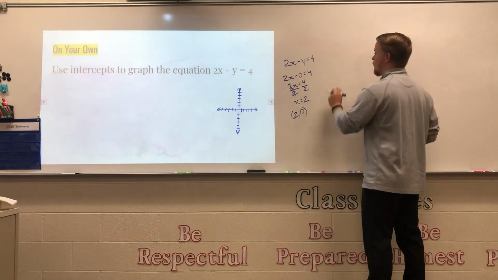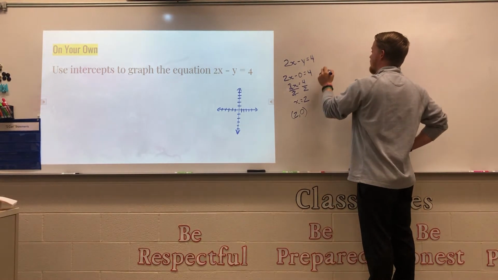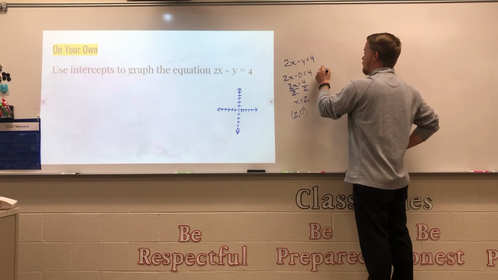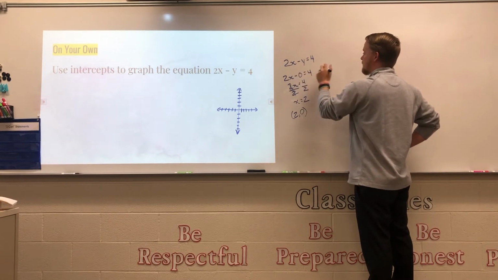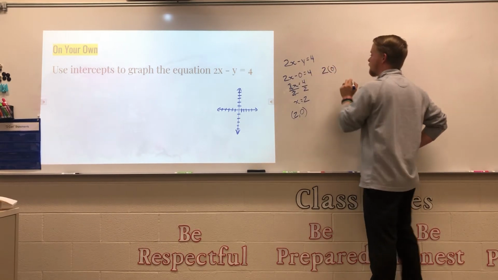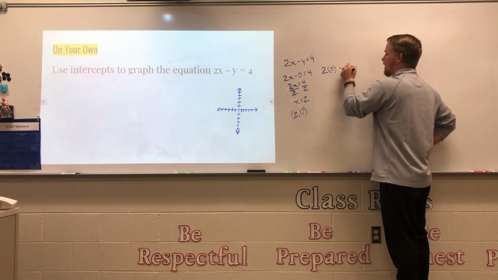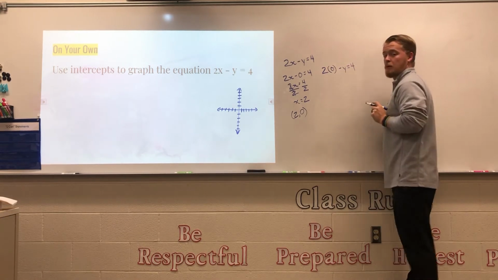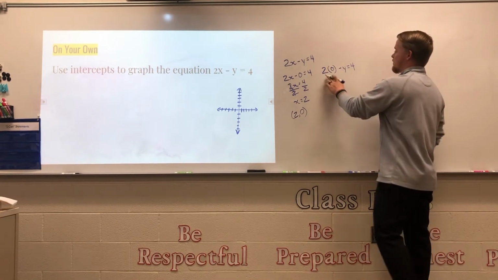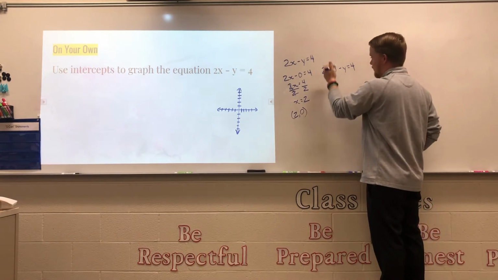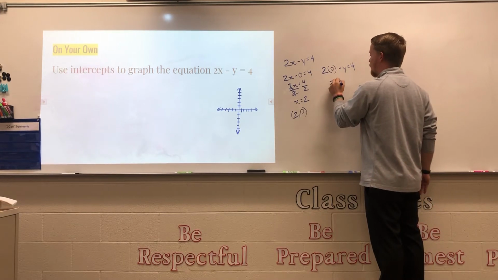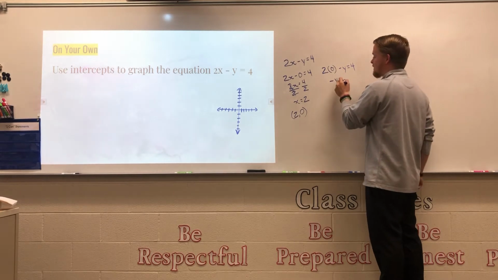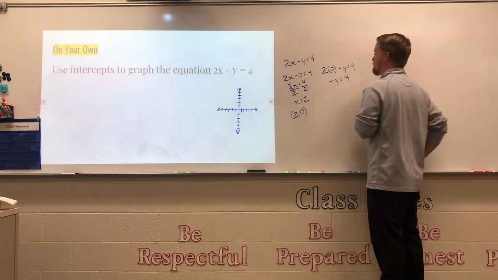Okay, so then I go and do my y-intercept. Again, for the y-intercept, I have to plug in 0 for x. So in place of x, I'll put a 0, and then pull everything down the same way. 2 times 0 is 0, so that goes away. So then we just have negative y. Make sure you bring that minus sign down, because that's still important. Equals 4.